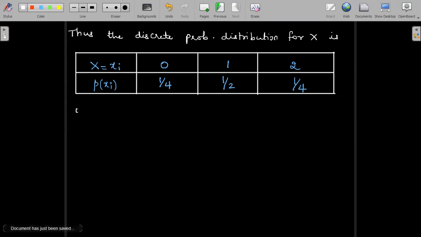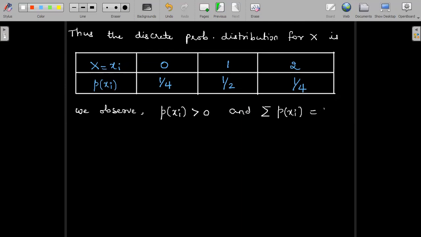So it is clear that the probability of every value of xi is positive. This is one of the conditions to say it is a probability density function. Every probability value, 1 by 4, 1 by 2, and 1 by 4, are all positive values. And we also observe that the second condition is satisfied, that is, the sum of all the probabilities is equal to 1.